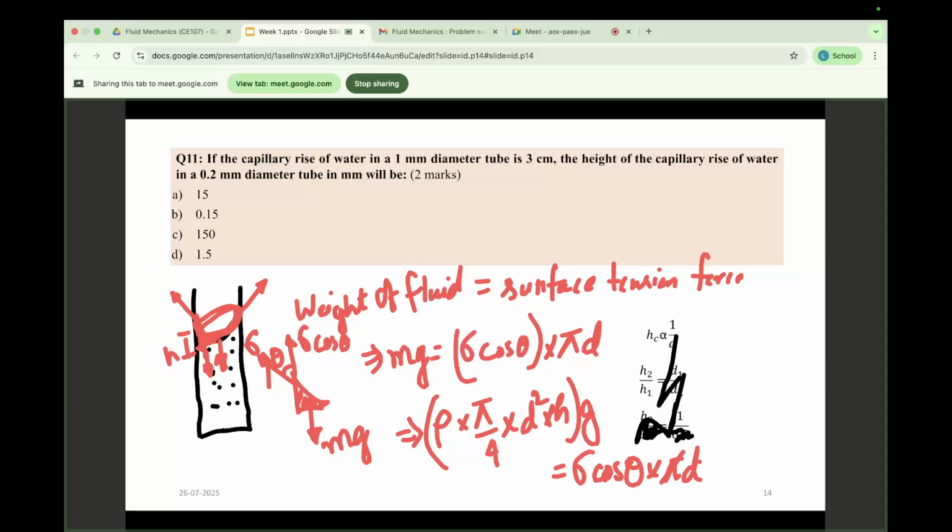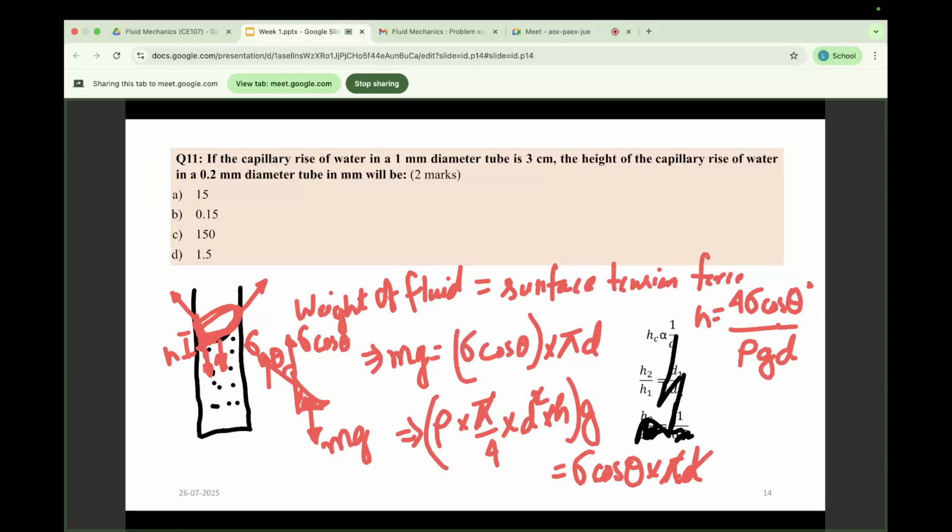So you see there pi and d will cancel out. So what you will get, h equal to, just solve, you will get this thing: 4 sigma cos theta by rho g d.